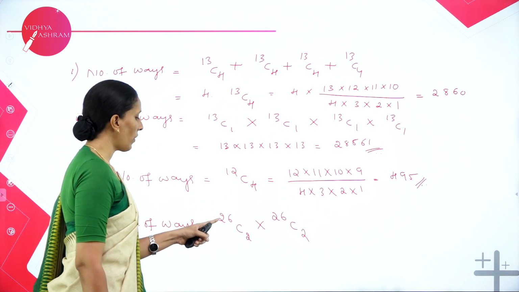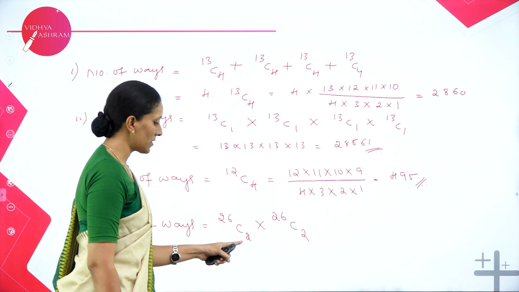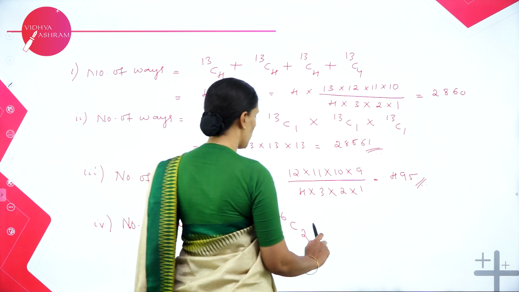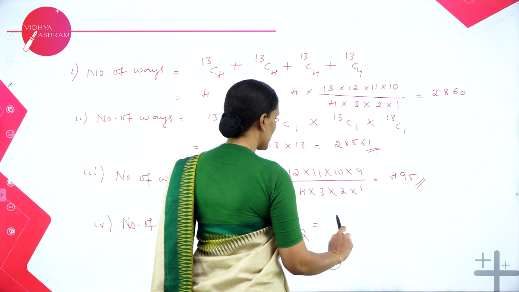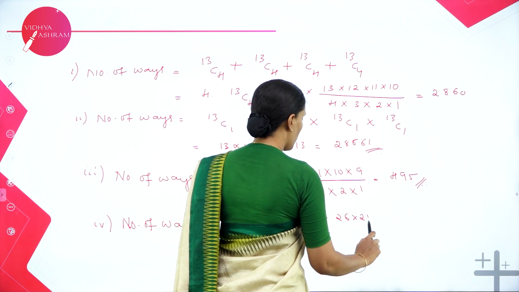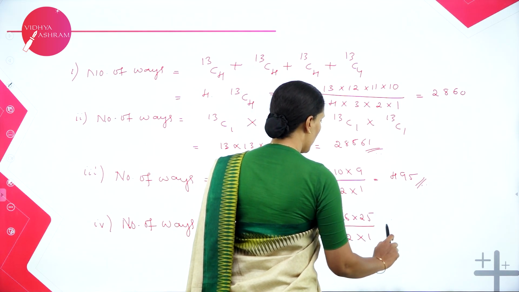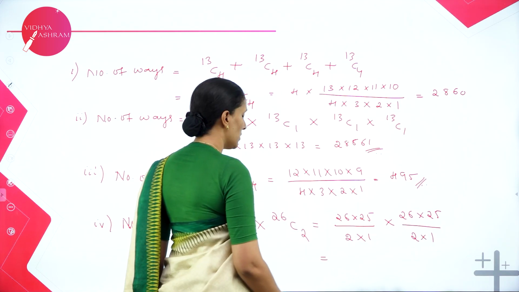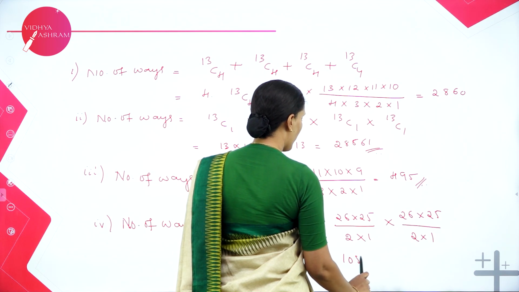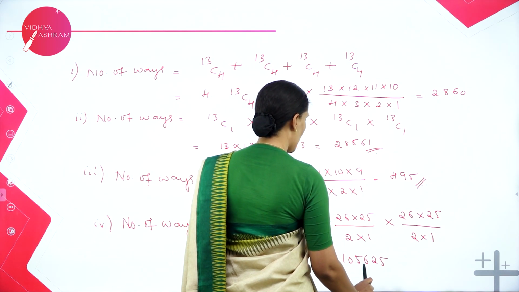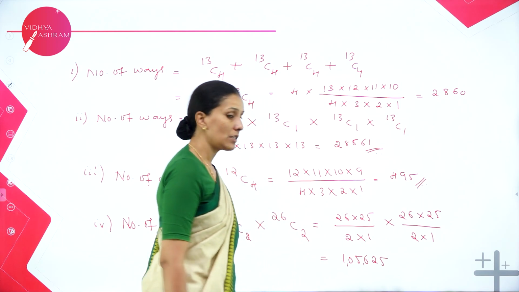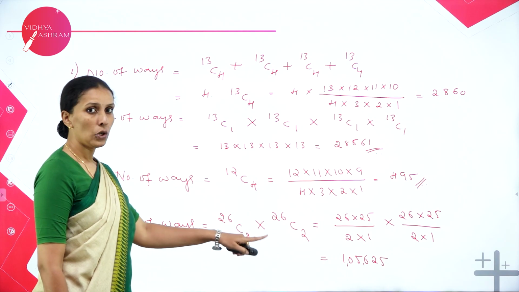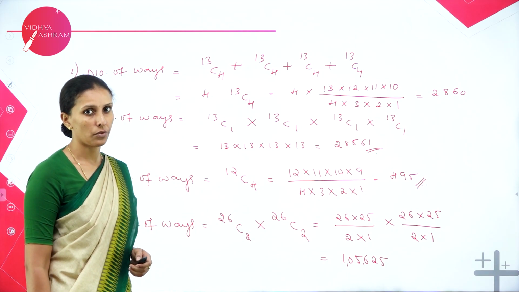That is, out of 26 red cards, 2 red cards must be chosen, and out of 26 black cards, 2 black cards must be chosen here. So again, 26C2 can be written as 26 into 25 divided by 2 into 1, into 26 into 25 divided by 2 into 1. So we will get the value of 105,625. So that is 105,625 ways of selecting 2 red cards and 2 black cards out of 52 cards.